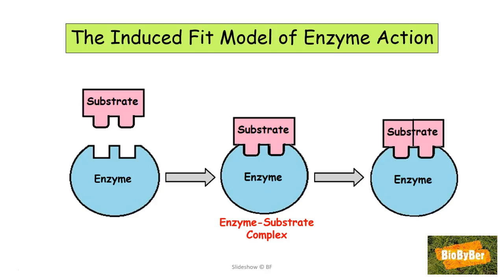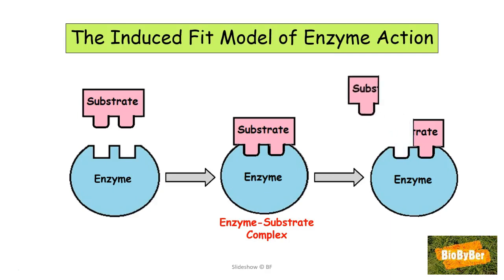This snugger fit stresses the substrate, actually puts the chemicals into a better position for chemical reactions, and thus the substrate will react to produce the product. This is rather like getting a bear hug from somebody. They hug you so tightly that your ribs feel they're fit to crack.